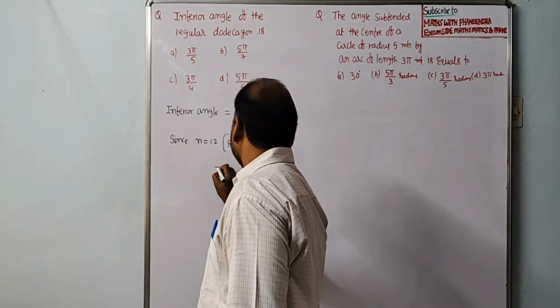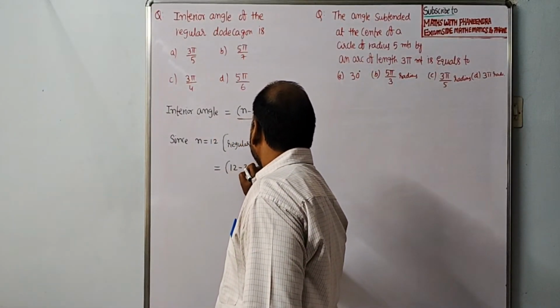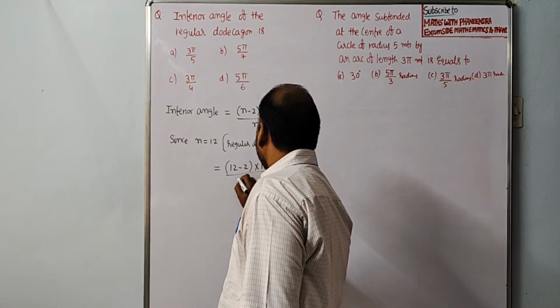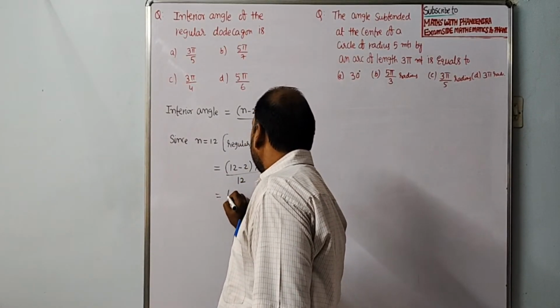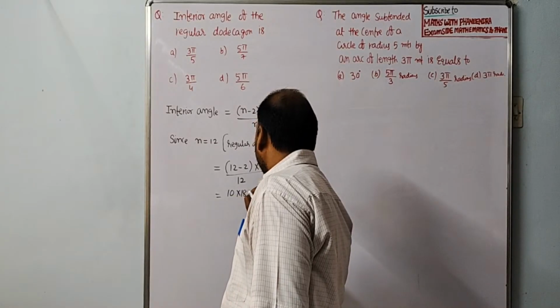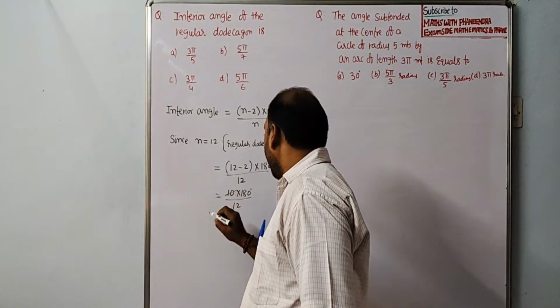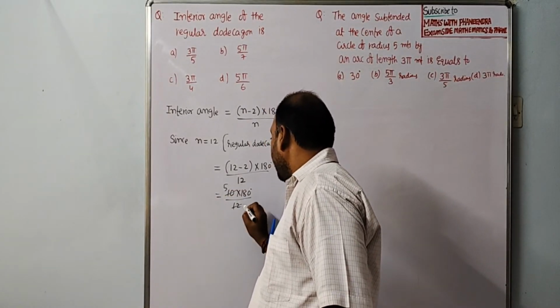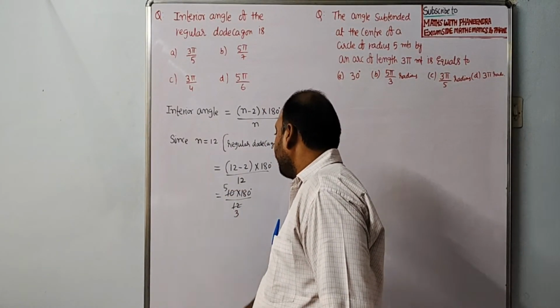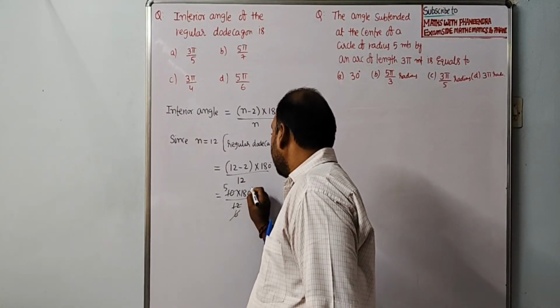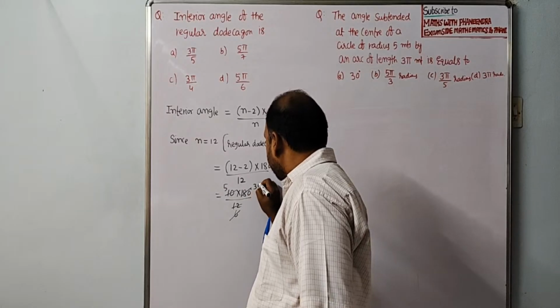So substitute in this: (12 minus 2) into 180 degrees divided by 12. So 10 into 180 degrees divided by 12. So 2 5s are 10, 2 6s are 12. So 6 ones are 6, 6 30s are 180.